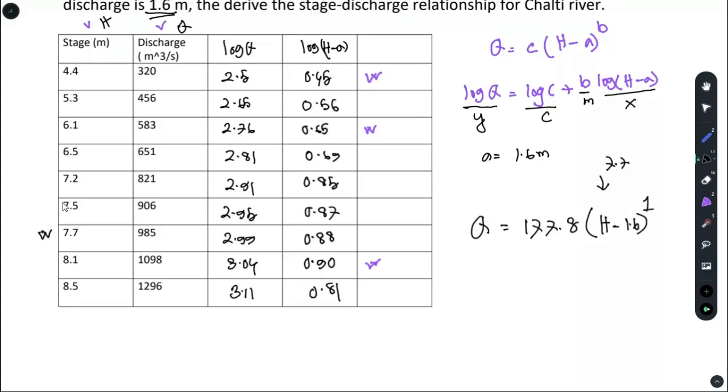So you get a value of 184. So you should get a lower value. It has a difference of around 100, so this value should be a bit lower. So you'll draw more points, draw a best fit curve, and adjust so that the relationship you're getting represents the actual discharge you have.